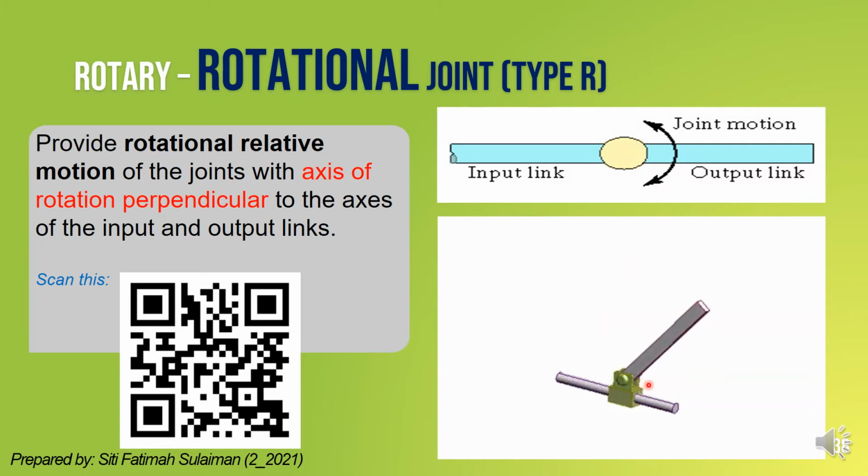So the rotational joint or type R joint is a rotary type joint. Remember, we have two types of joint, linear and rotary. So this is for the second type, which is rotary type.